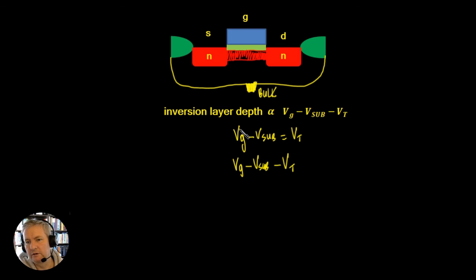If it's directly proportional to this, it's still just directly proportional to this minus this constant VT. So we can say, finally, that inversion layer depth is directly proportional to VG minus V sub minus VT. So this is the start of our hunt for the current and voltage equations.